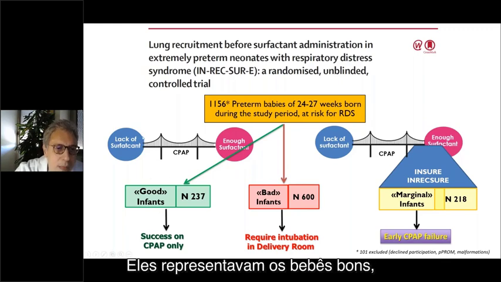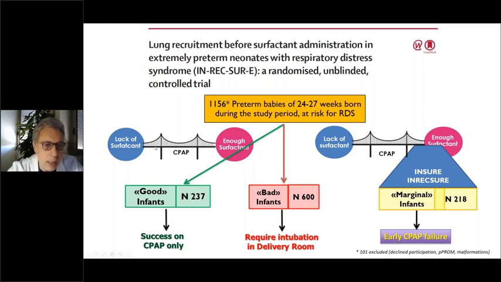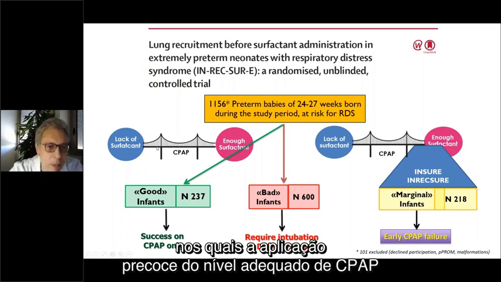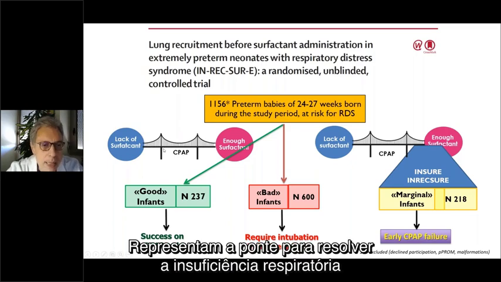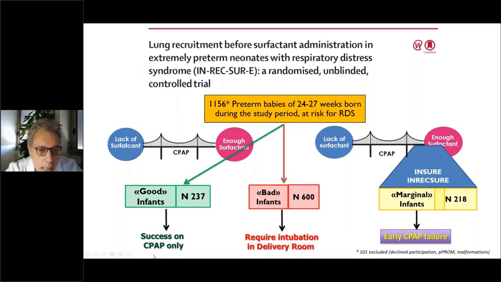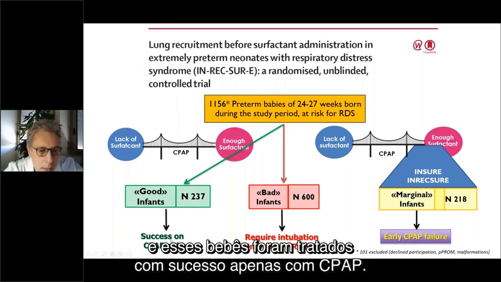They represent the good infants, in whom the early application of an adequate level of CPAP, in our study 6-7 centimeters of water, represents the bridge to resolve the respiratory insufficiency, and these babies were successfully treated with only CPAP.